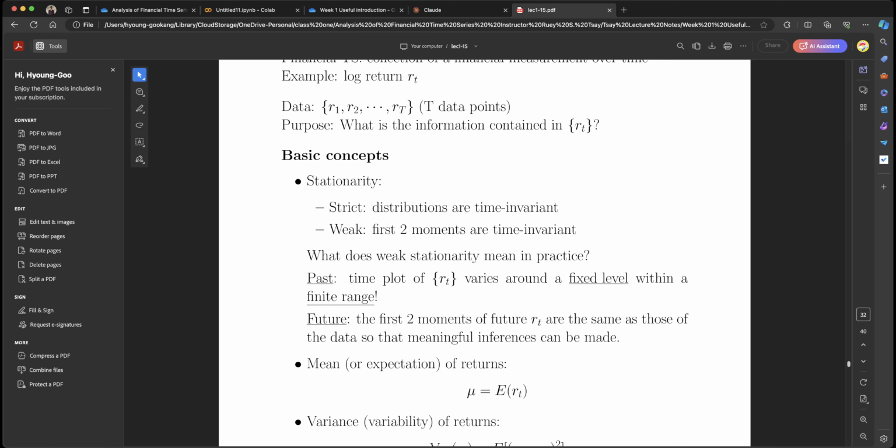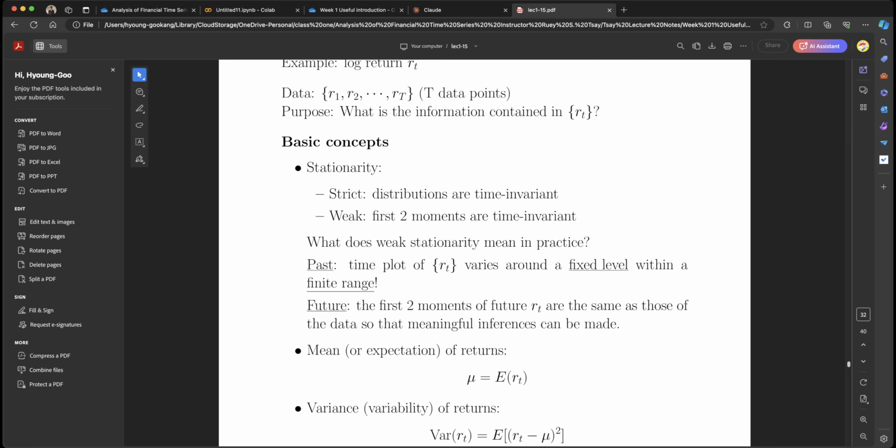So past RT varies around a fixed level within a finite range, and the first two moments of future RT are the same as those of past data, so that meaningful inference can be made. That's why stationarity is important. If the underlying distribution changes, we can't learn anything from the past, right?